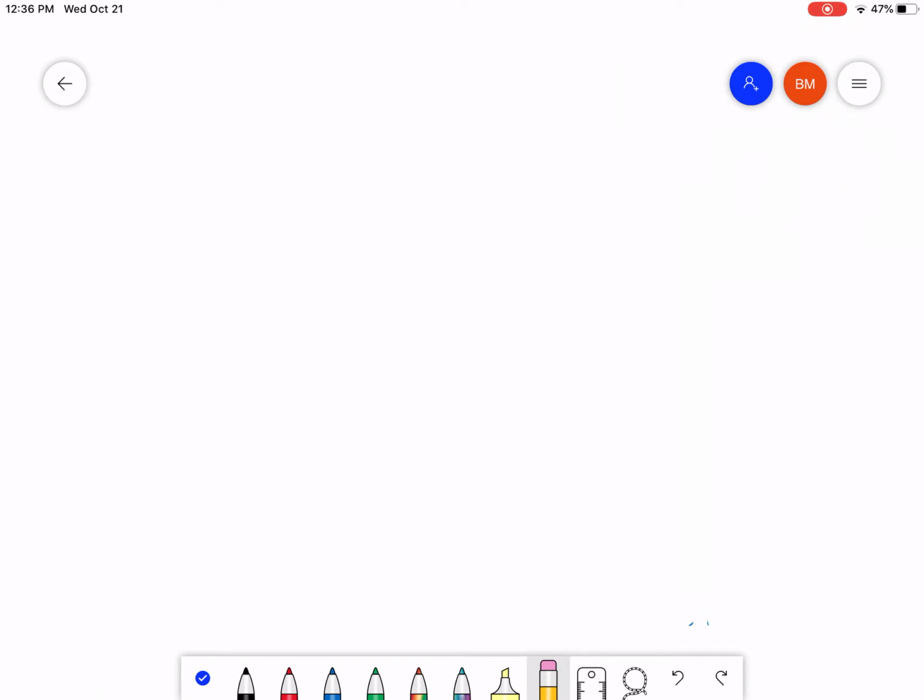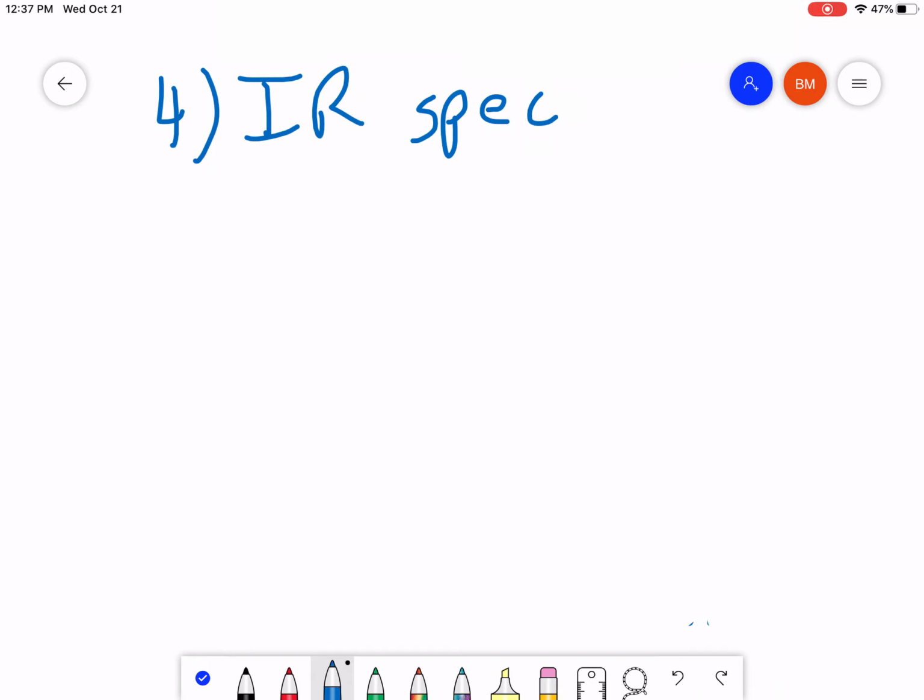All right? And then the last thing you're going to do here is you're going to do an IR spectrum, and this is very simple. It tells you in the instructions how to do this. You basically just drag something from the IR spectrometer to the liquid, and it magically gives you an IR spectrum of what's in there.